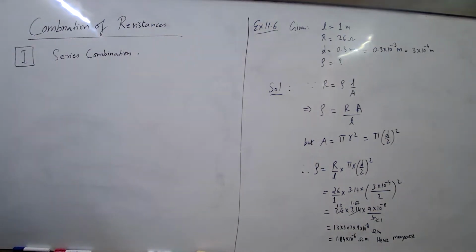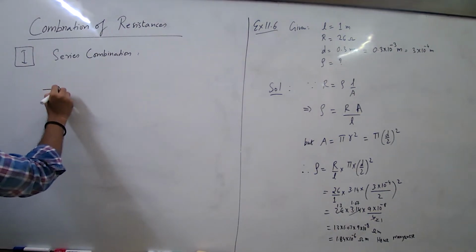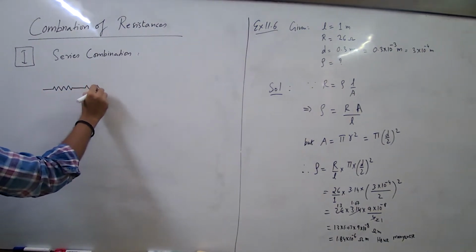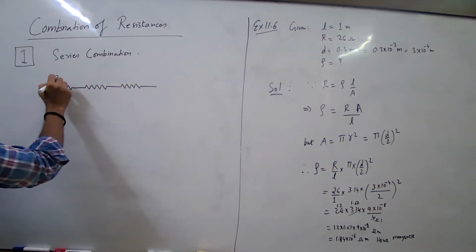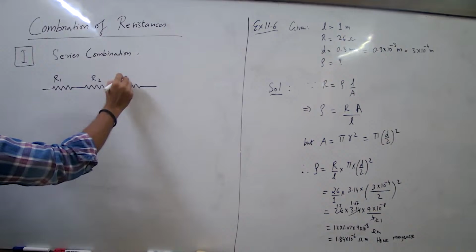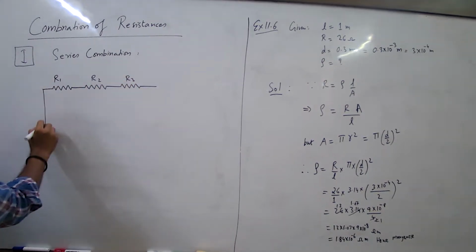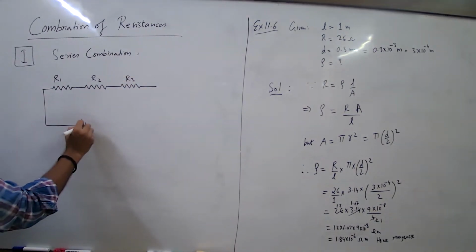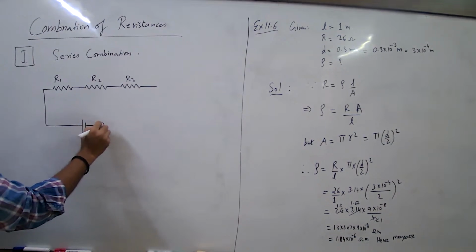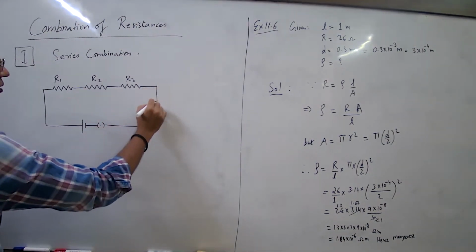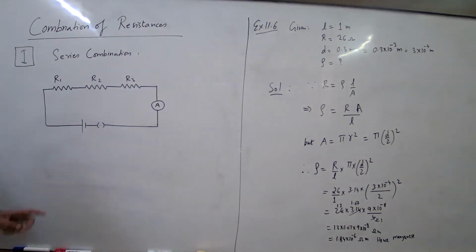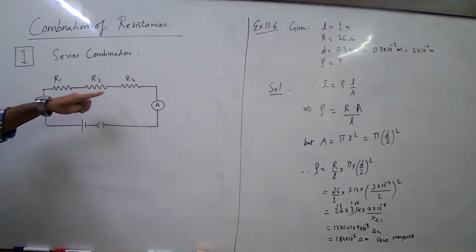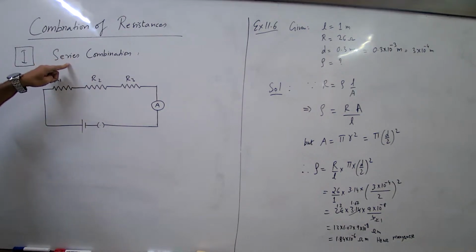First we are going to learn about combination in series. So let us say we have three resistors, R1, R2 and R3. Whenever resistors are connected like this, it is called series combination.